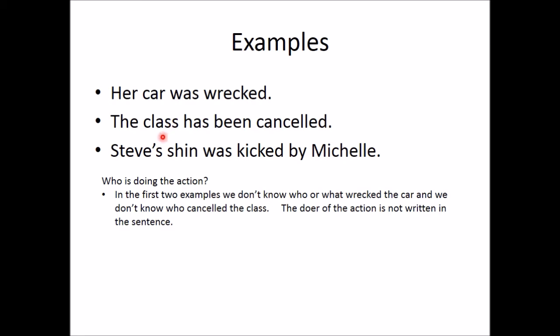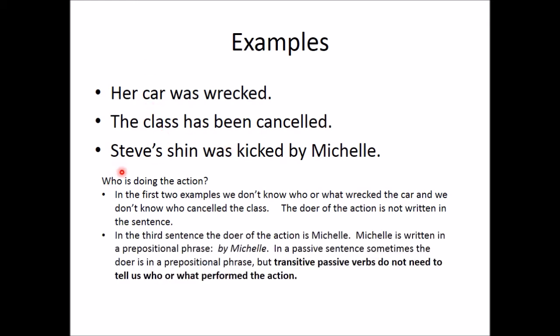So the second one is the same. The class has been canceled. We don't know who canceled the class. We don't know what canceled the class. We just know that it has been canceled. So the doer of the action in these 2 first sentences is unknown. It's not written. In the third example, the action was done by Michelle. The doer of the action is written in a prepositional phrase, by Michelle.